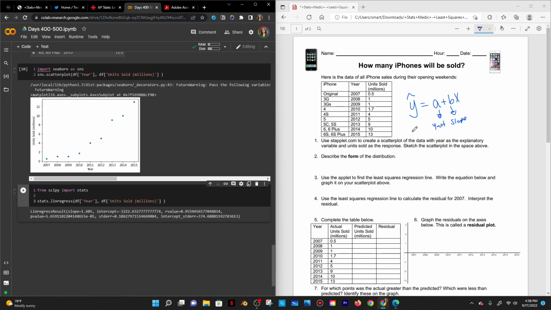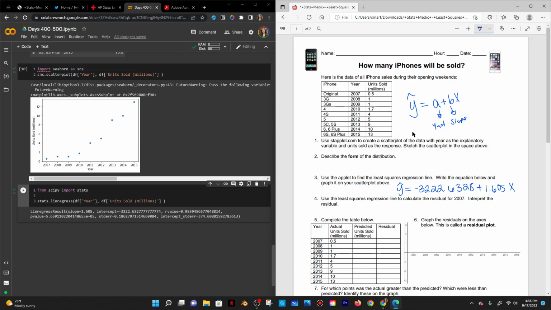So essentially, this is the equation. Predicted y, and I'll write it in context later, is equal to negative 3,222.6328 plus 1.605x. That is my least squares regression line, the line of best fit in this case.